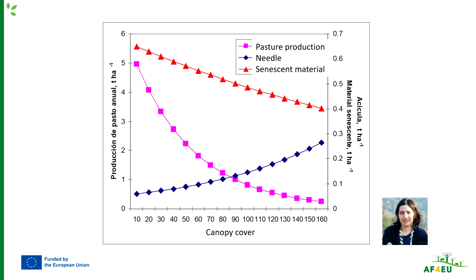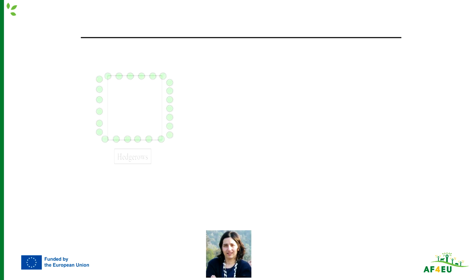The needle fall is increased because the lack of light that reaches the lower part of the tree means that the photosynthetic activity of the leaves is falling, so they fall down. And afterwards we can see the reduction also of the senescent materials.